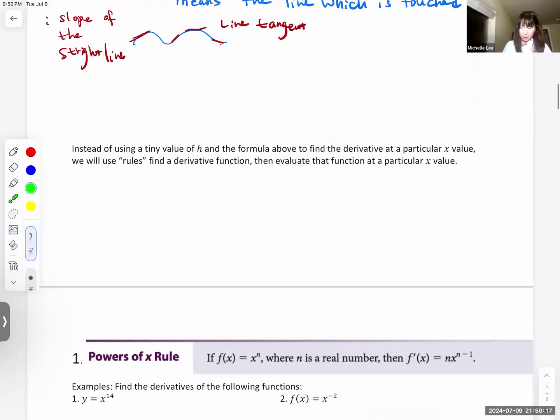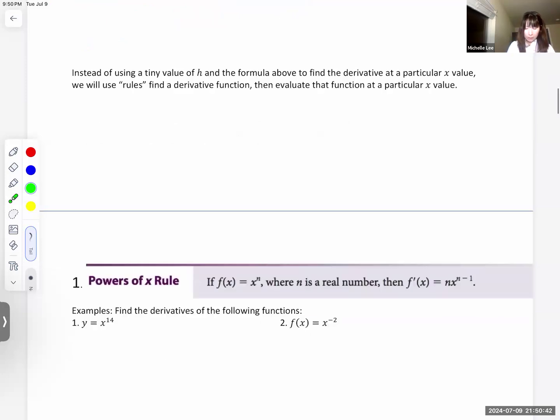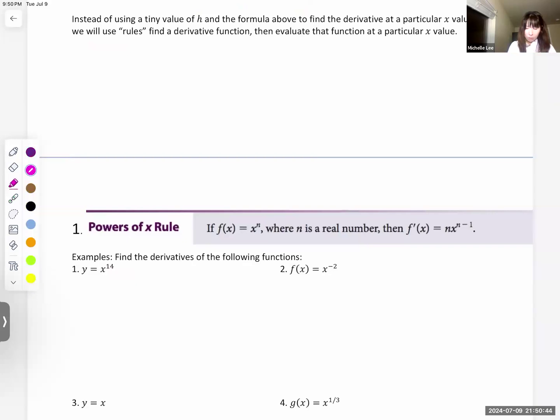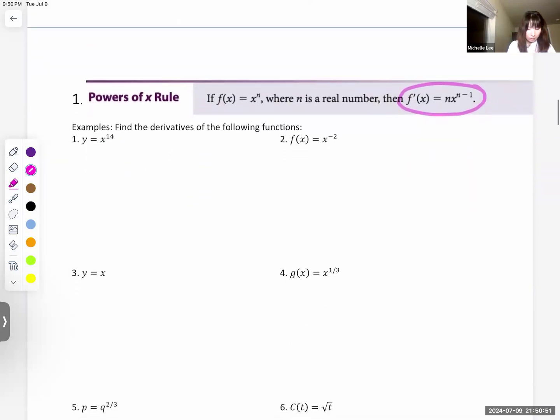So what does the power law say? Here, f prime of x. If we have a power, like a polynomial, then we drop the power, then reduce the power by 1, right? Okay, let's do it. We have the first one.